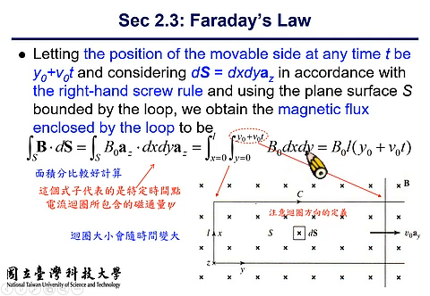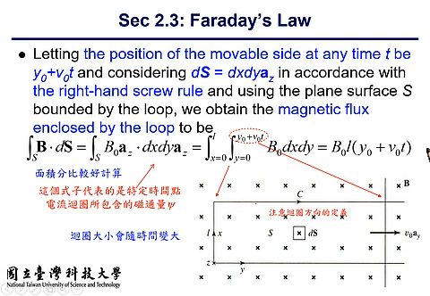The integration result is B sub 0 times the height L times the width, which is y sub 0 plus v sub 0 t. This is the so-called magnetic flux phi enclosed by this area at a given time instant t.